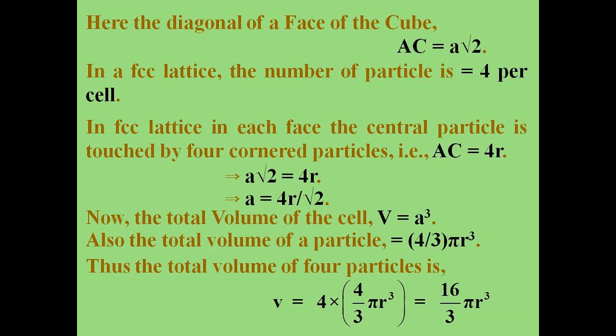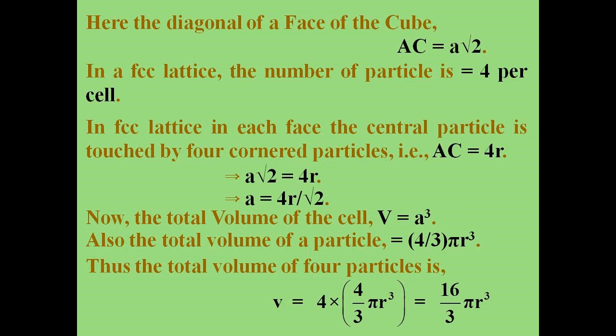In a FCC lattice, the number of particles is 4 per cell. In each face, the central particle is touched by 4 corner particles. That is, AC equals 4r, which implies a root 2 equals 4r, which implies a equals 4r by root 2. Now the total volume of the cell, capital V, equals a cube.